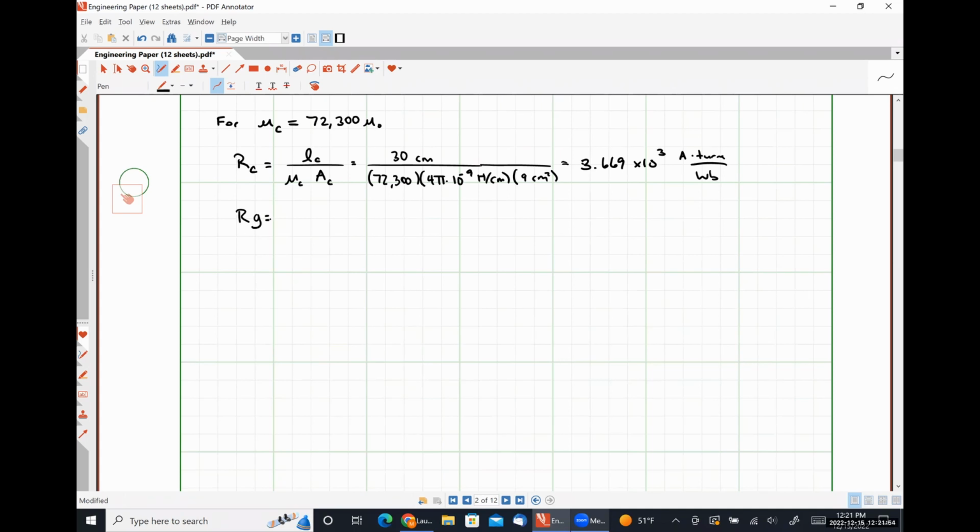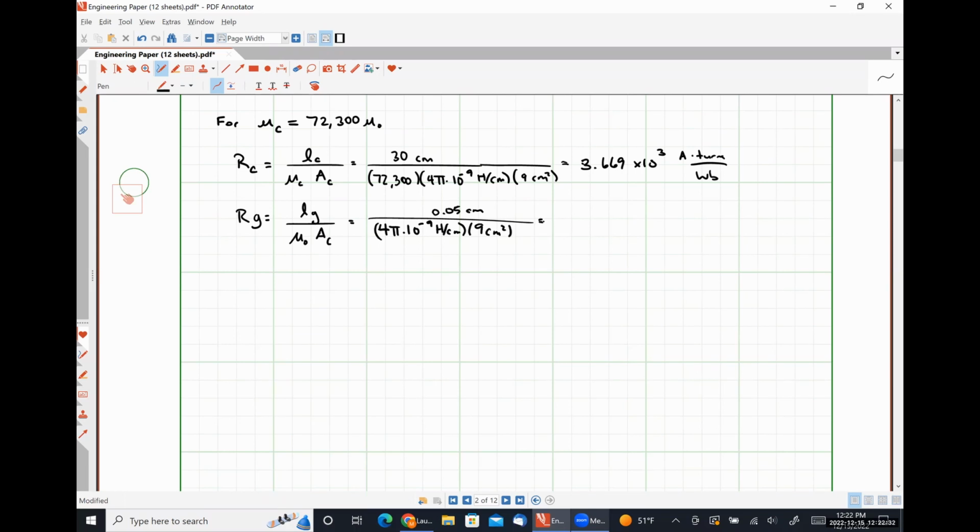For our gaps, we're going to have LG over mu naught times AC. Again, we're assuming that the fringing is negligible, so we don't need to change our cross-sectional area seen by the flux. So this is going to look like 0.05 centimeters, half a millimeter, over 4 pi times 10 to the minus 9 henries per centimeter times 9 centimeters squared.